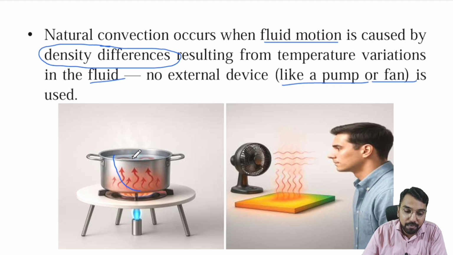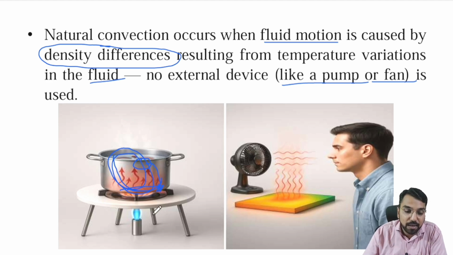And the fluid layer above, which has a lower temperature than this layer, will get deposited at this end, and once again this cycle takes place, and due to this cycle the natural convection phenomenon occurs.